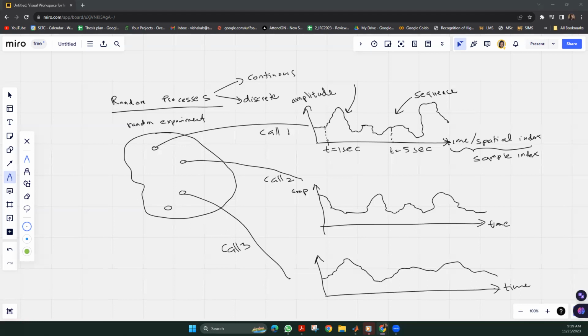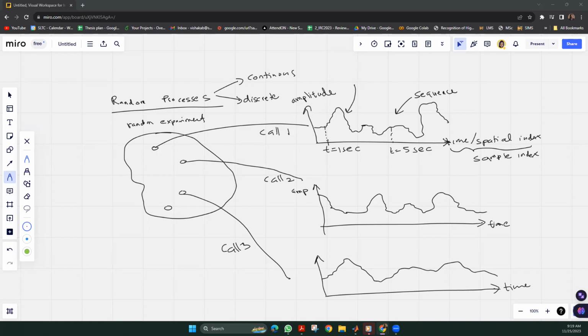The call is continuously occurring. It is varying with time. I mean, the signal strength values are received at each continuous time instance, right?